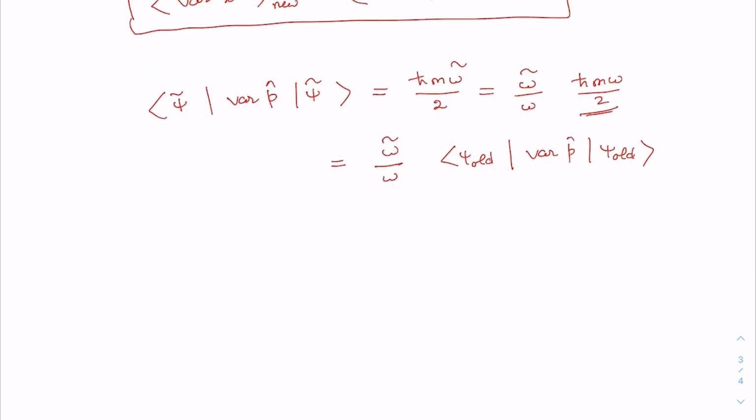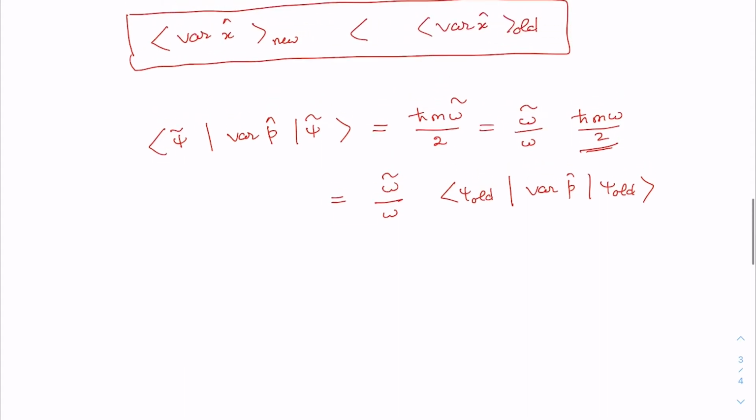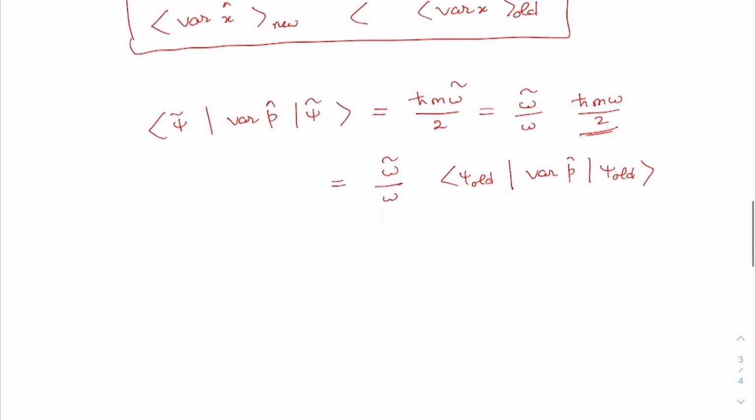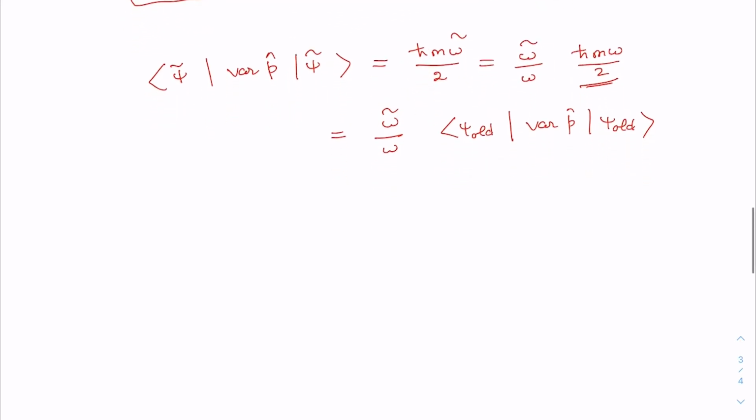So here again you can see that the uncertainty in momentum is now increased. What you actually see is that the uncertainty in position is decreasing at the cost of an increase in the uncertainty in momentum.